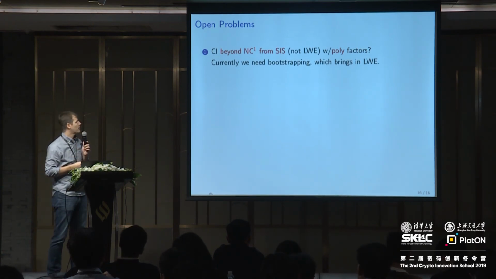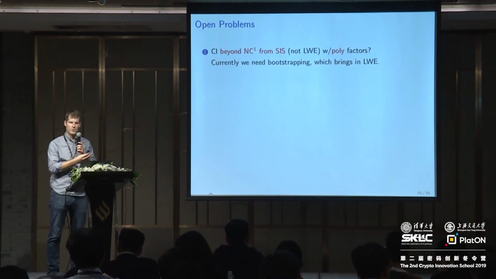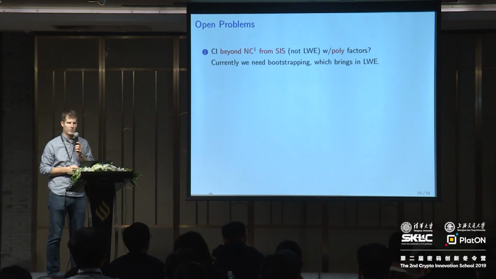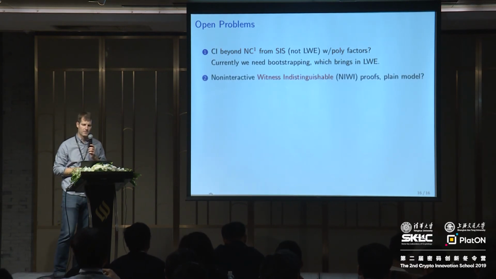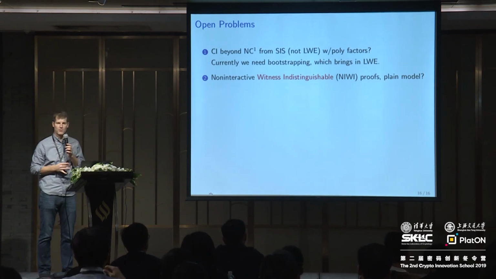And if you don't want to have LWE, then it would be nice to have a construction which doesn't involve it. And we can do it with super polynomial factors, but to do it with polynomial factors is the open question.